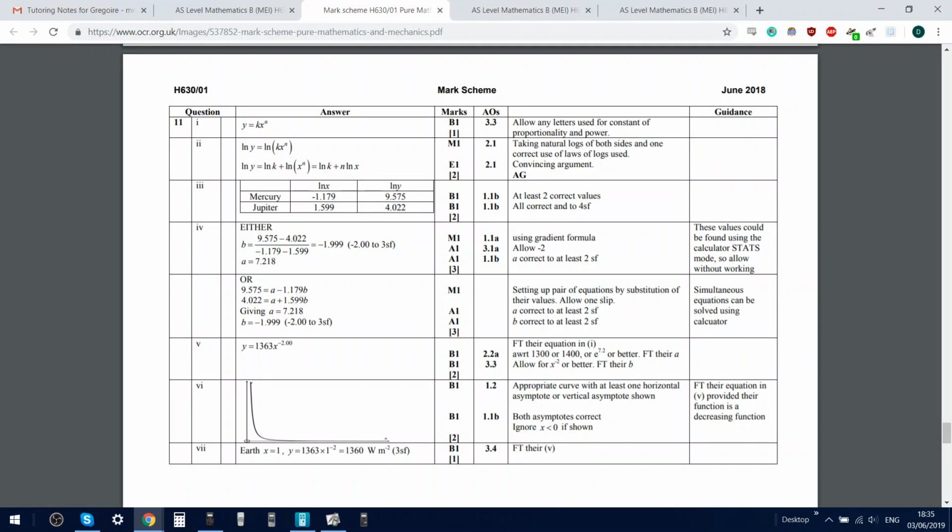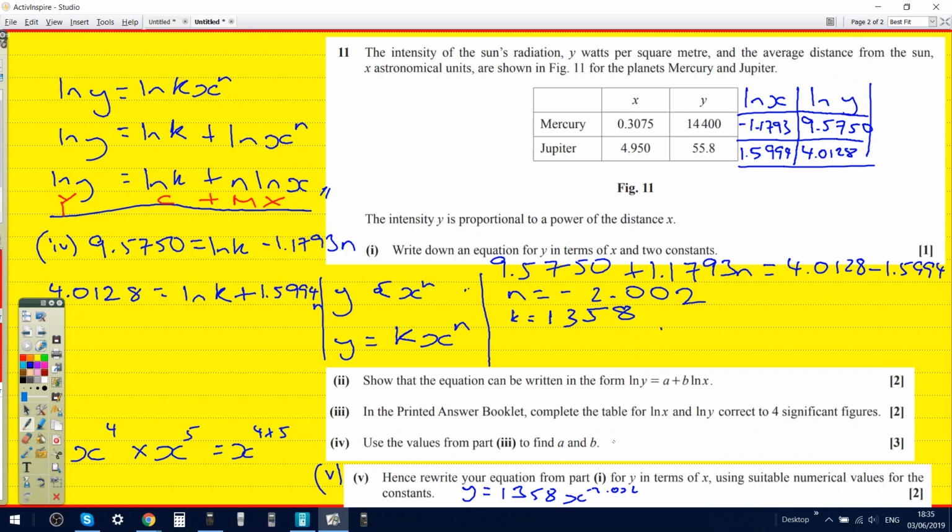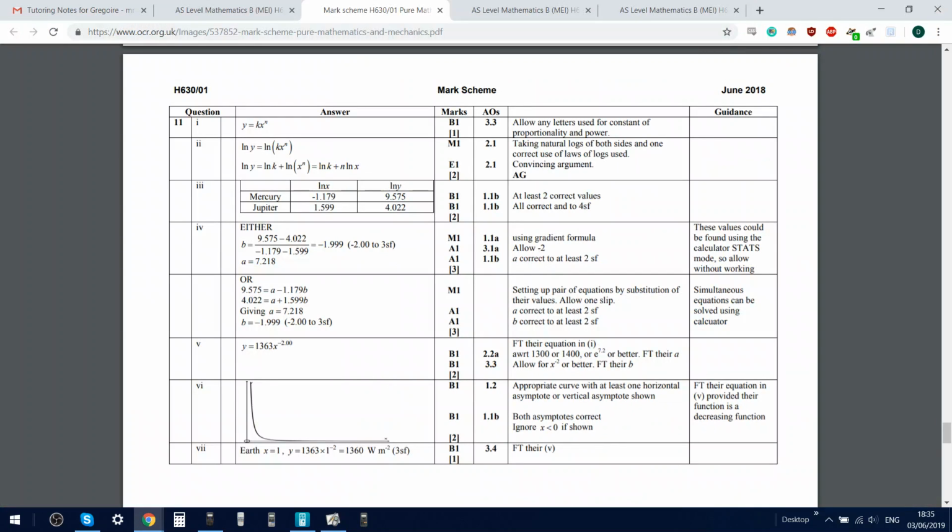I want to see what that looks like. And their mark scheme says 1363 because our rounding is getting worse over time. But they'd allow this answer. Let's see. So yeah, follow through of their equation.